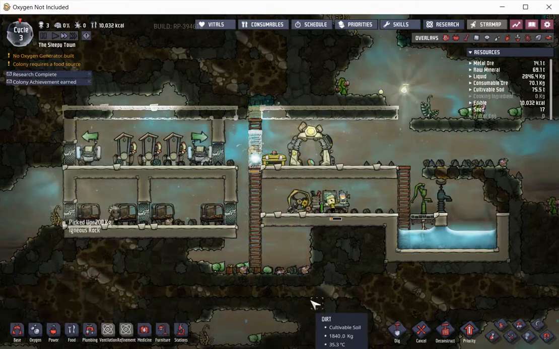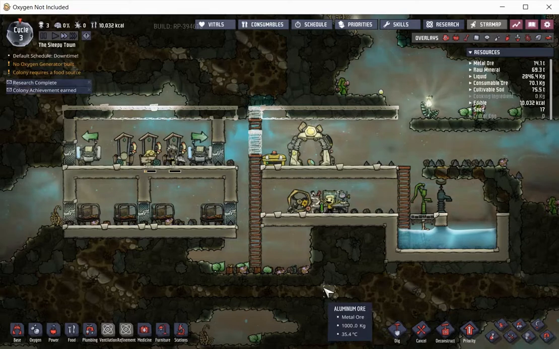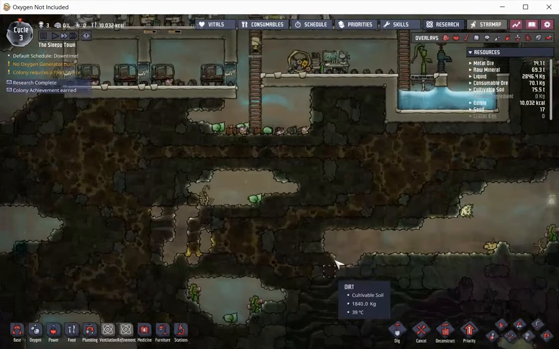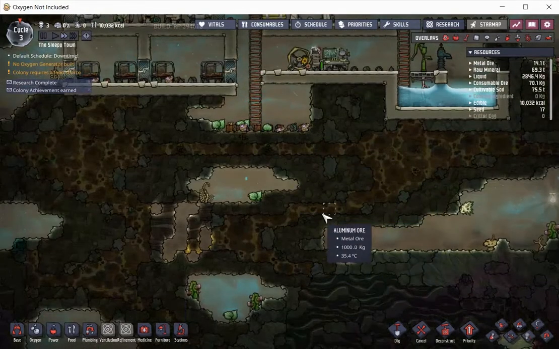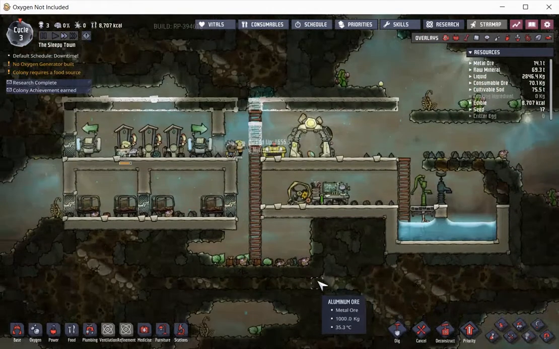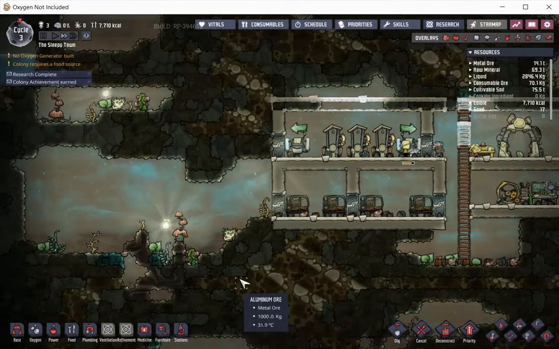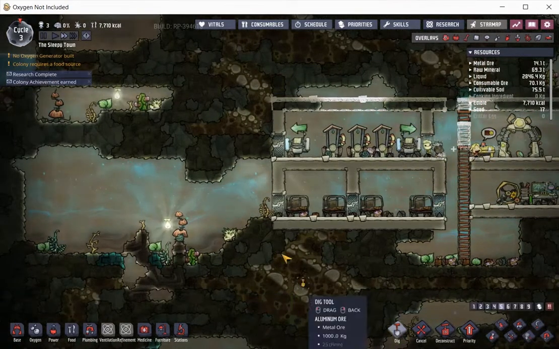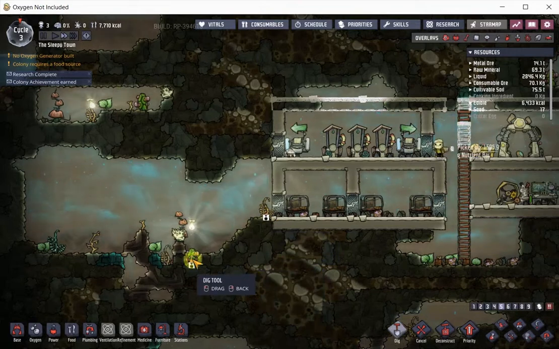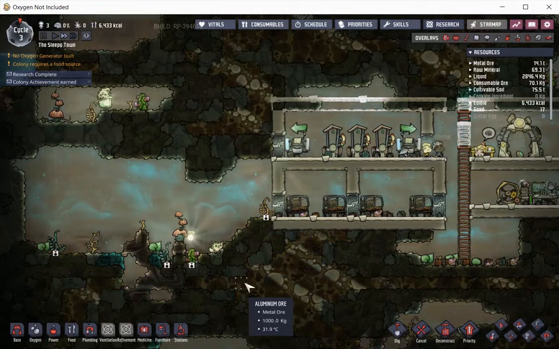I would like to put the farm down below. I'm thinking down here. And then the cooking area across from that. So I'm going to dig out this oxygen plant and this food, and dig out this oxygen plant and this one too.